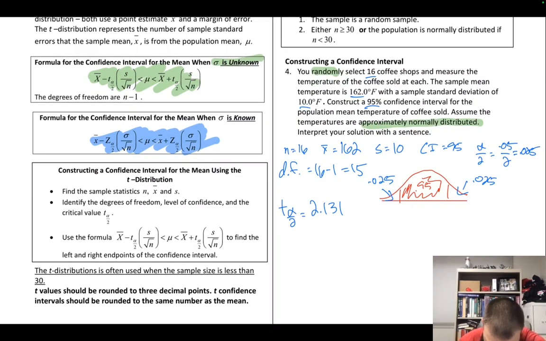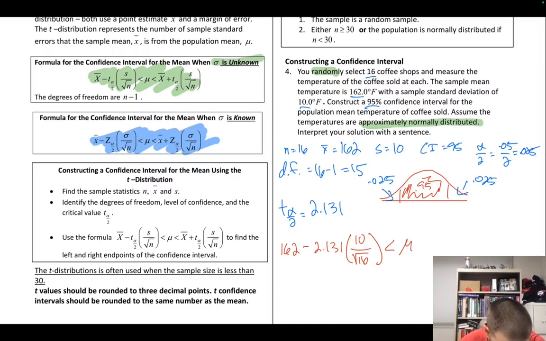So then our sample mean, X bar, is 162 minus 2.131 times our s, our sample standard deviation, which is 10, over the square root of n, which is 16 in this case, less than or equal to our mean.